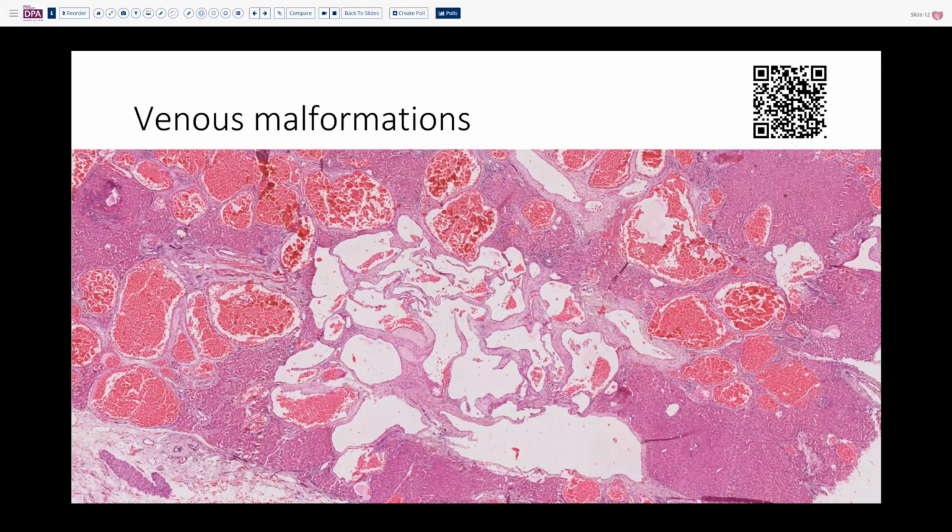So the first of these, of course, most common is the vascular venous malformations, which, as indicated by their name, are composed of multiple thin-walled venous vessels, which tend to be rather dilated.